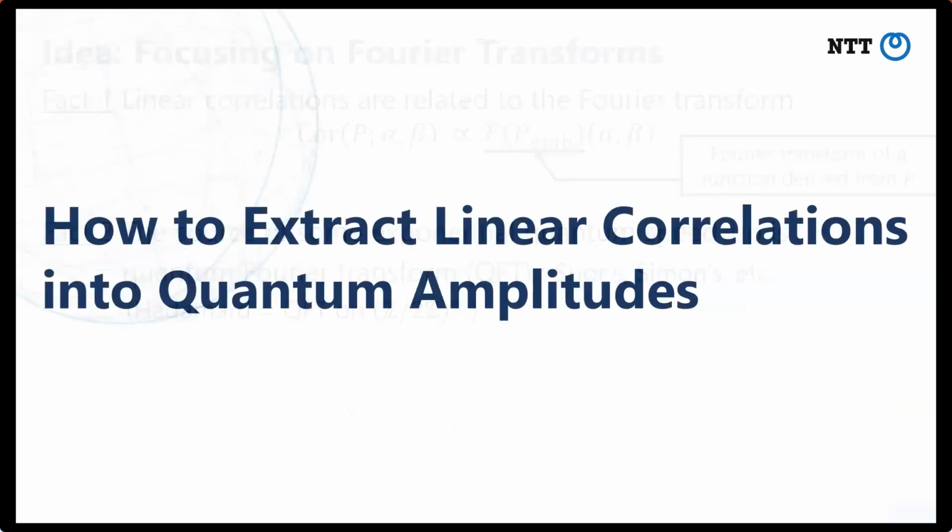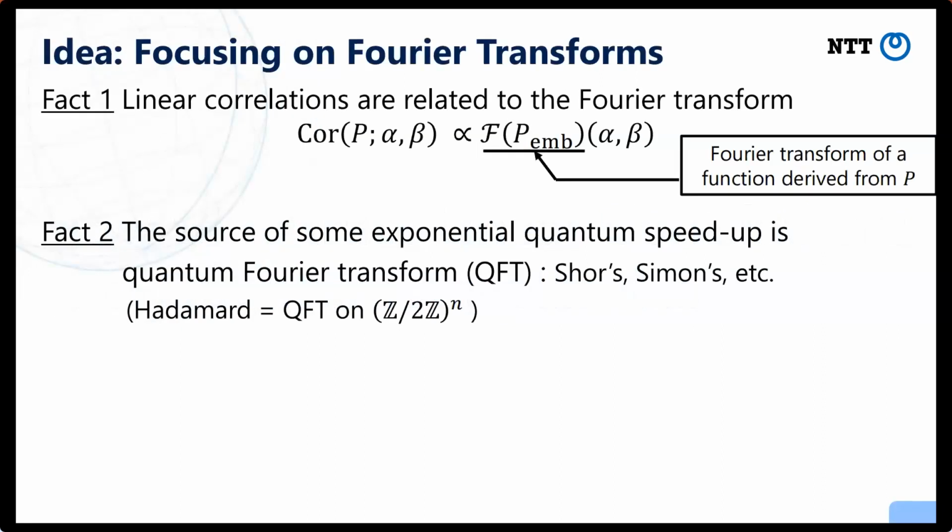And so next, I'd like to explain about our new quantum technique, about how to extract linear correlation into quantum amplitude. So to achieve some quantum speedup for multi-dimensional linear distinguisher, we focus on Fourier transforms, because both linear correlation and quantum computation have some strong relationship with Fourier transform.